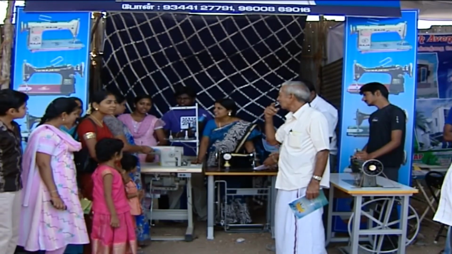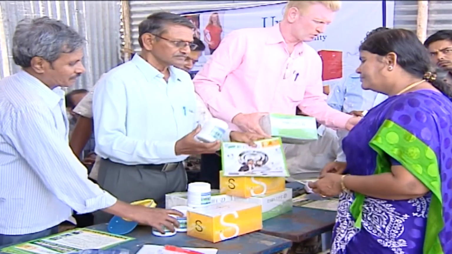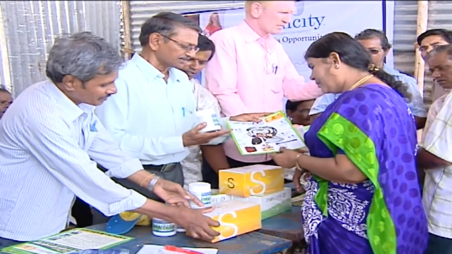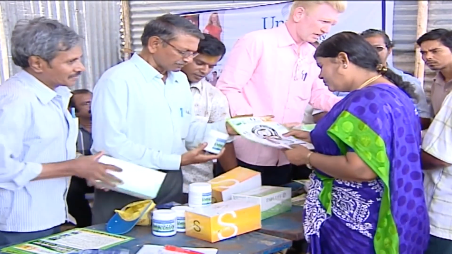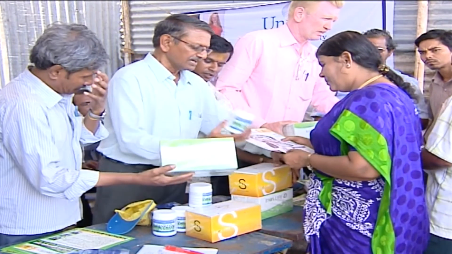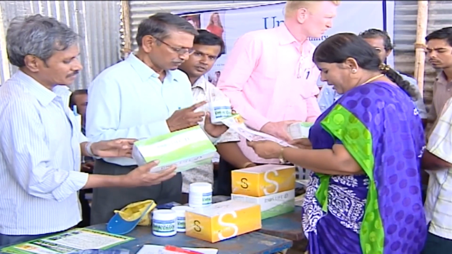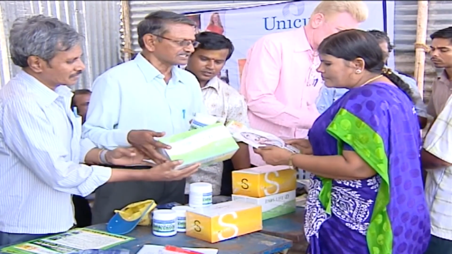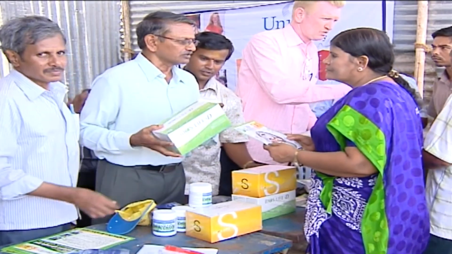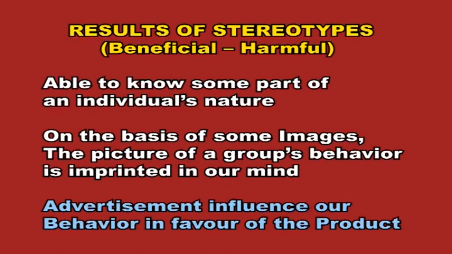Traders, in order to improve the sale of their products, try to produce stereotypes in people's mind. One must have seen in newspapers the advertisements of tea, soap, etc. The traders, through their publicity, aim at creating a stereotype in favor of their products.